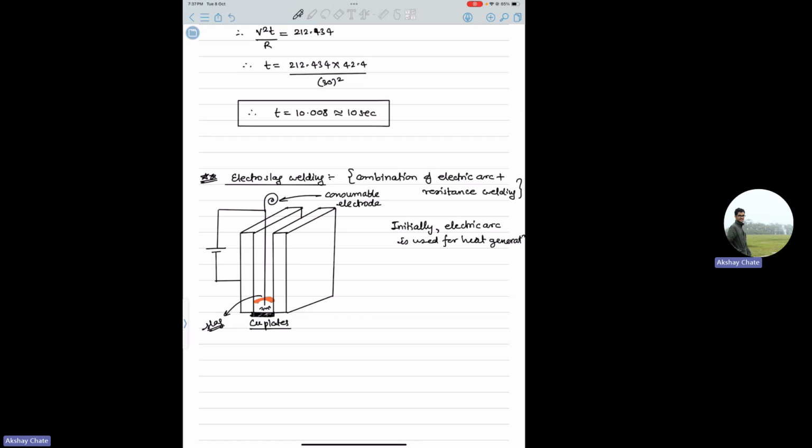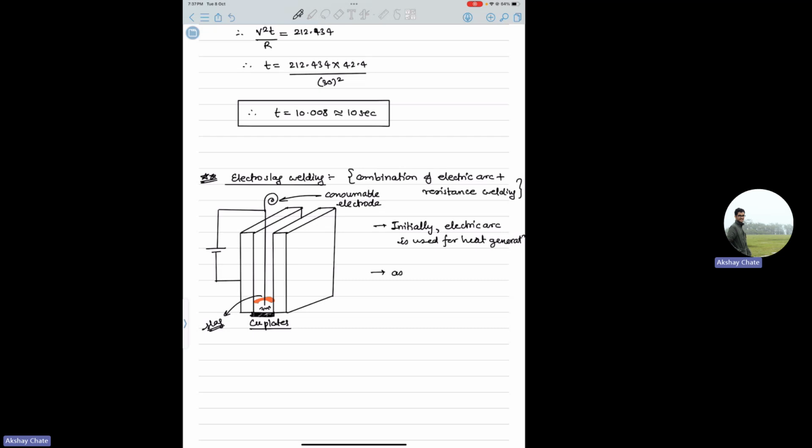So that slag will be floating on top of your electric arc. Yeah, and then what happens as this electrode melts? So this is the first thing.